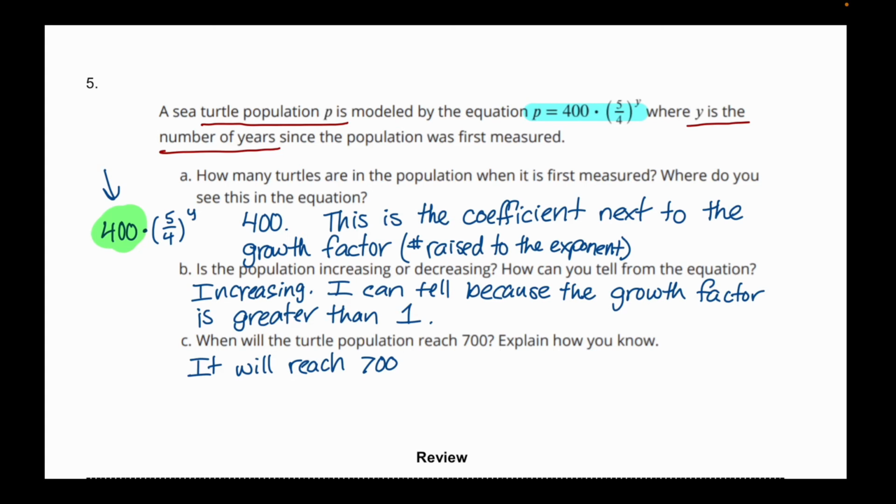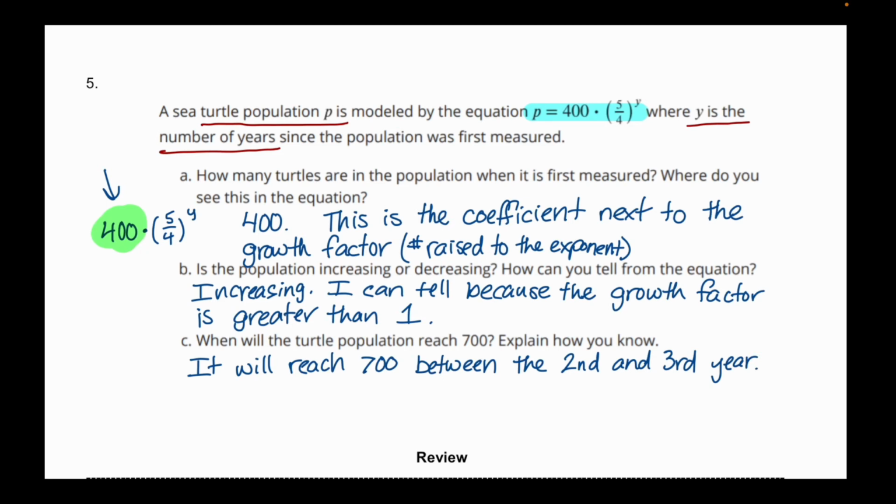Now, after 3 years, it will be more than 700, and at 2 years, it will be less. So it will reach 700 between the second and third year.